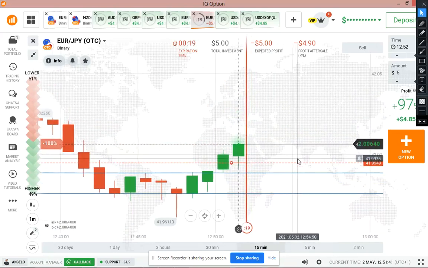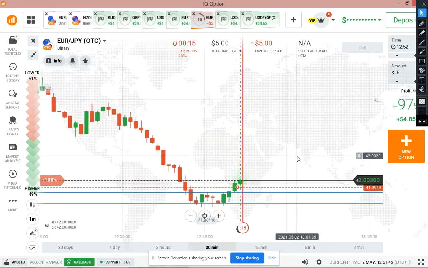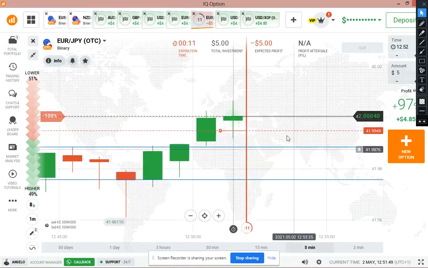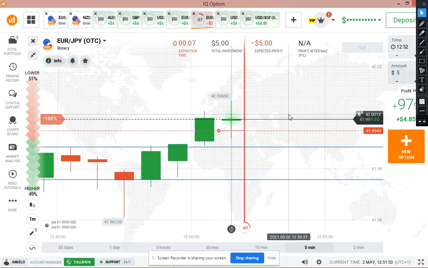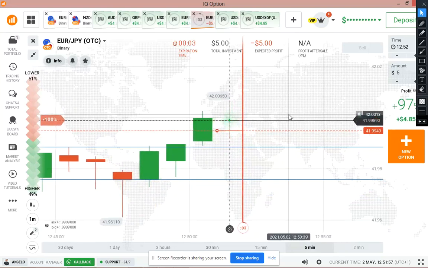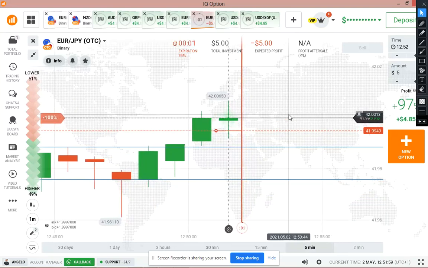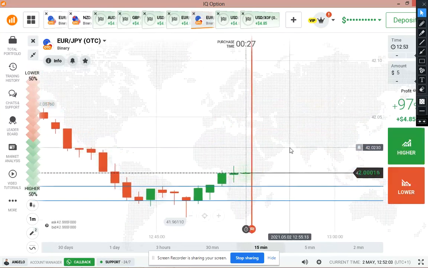Okay, the market did not reverse. Let's see if it's going to reverse, but my entry is late. Very small green candle.